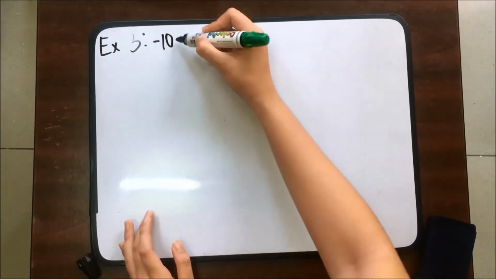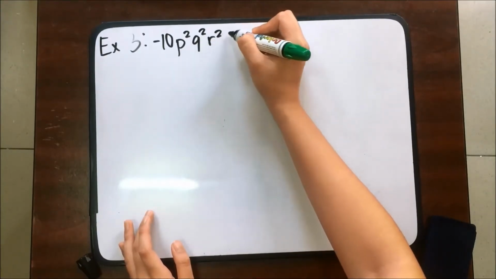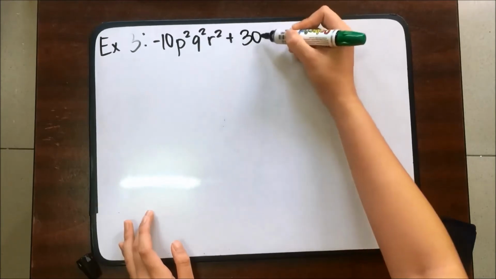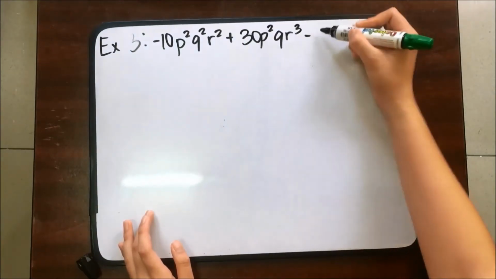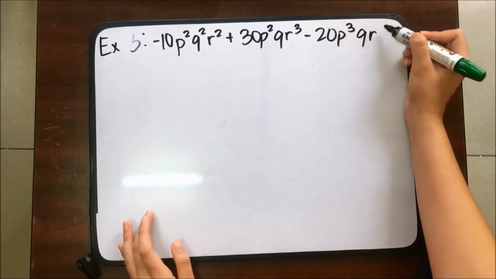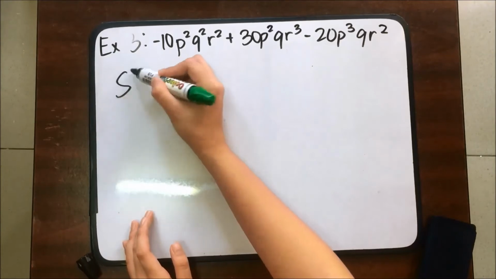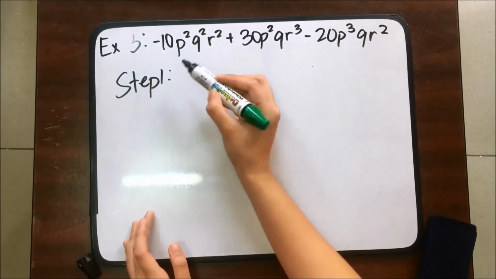Negative 10 p squared q squared r squared plus 30 p squared q r cubed minus 20 p cubed q r squared. So for step number 1, we will find the GCF of the coefficients.